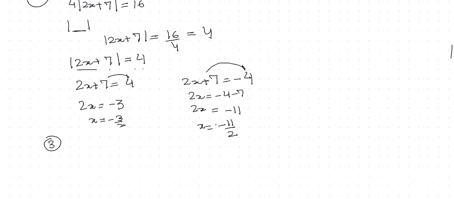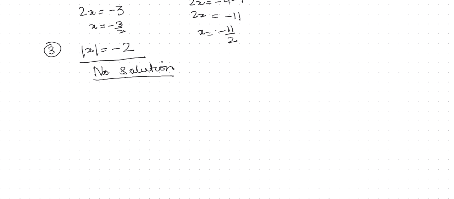So if an equation like this is given, where the absolute value equals a negative number, then we will say no solution, because absolute value is always positive. So anything which comes like this is no solution. But we can take another question just to show you that.